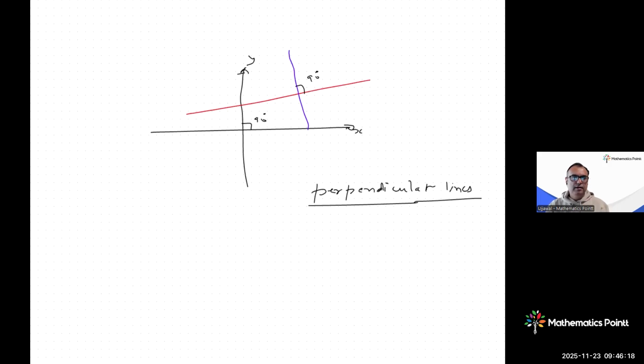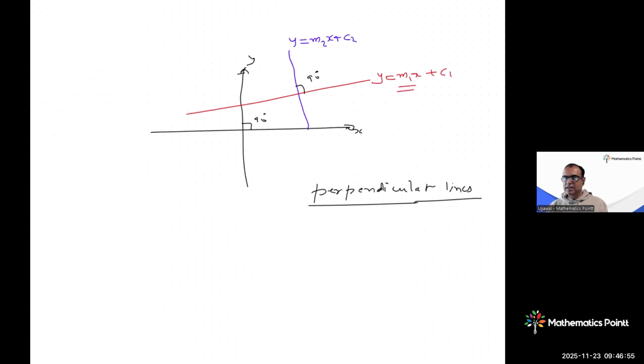Let's say the red line has y equals m1x plus c1. The slope of the red line is very different from the slope of the blue line, so I've called it m1. The blue line has an equation y equals m2x plus c2.